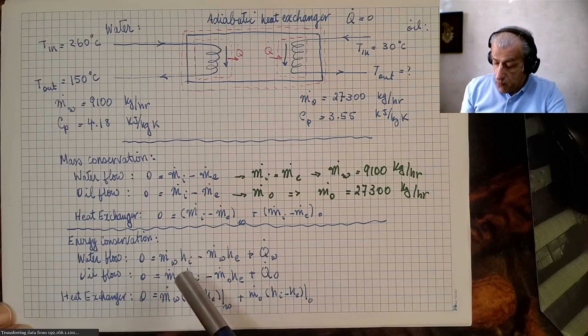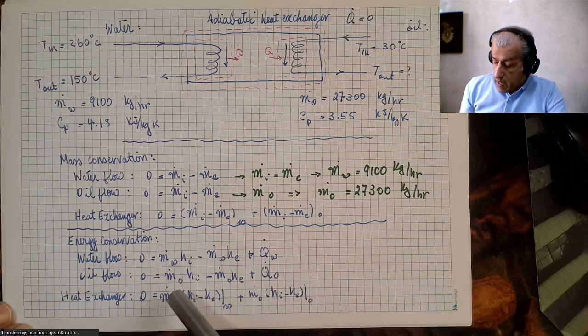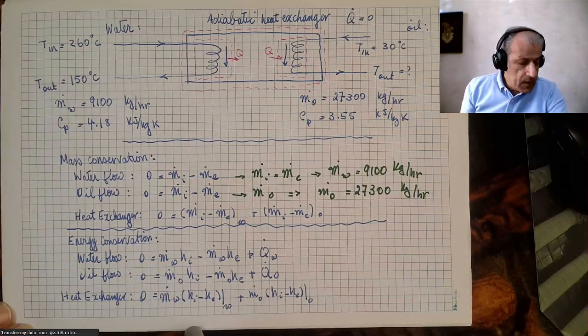For oil flow, we have inlet, we don't have exit, and we don't have heat transfer. In this equation there is only one unknown, which is the exit from the oil. So let's see how we handle these equations.